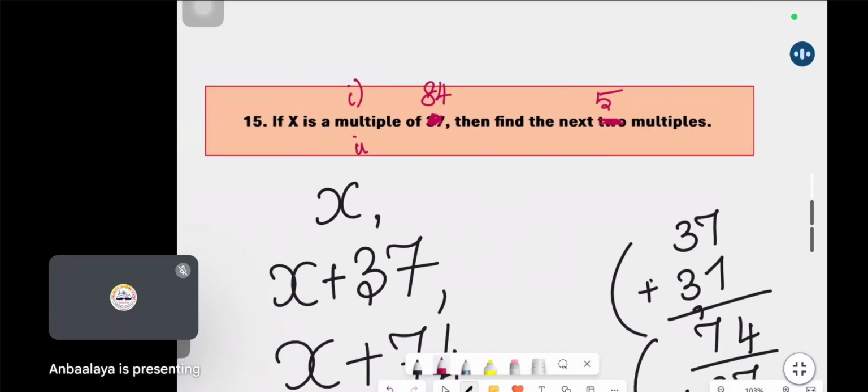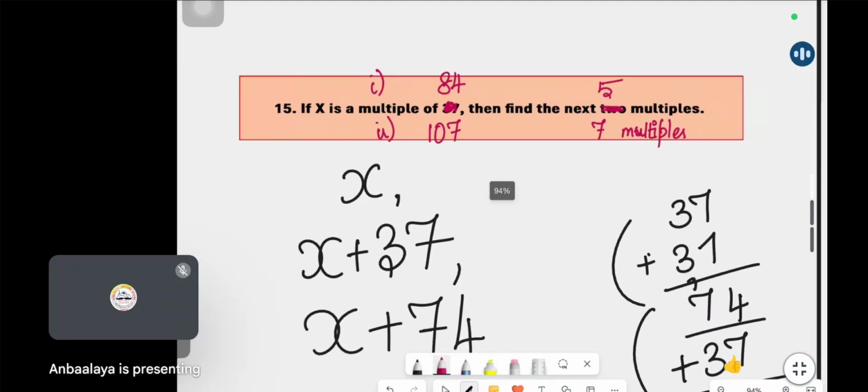And your second homework question: if x is a multiple of 107, then find the next 7 multiples. Same question, instead of 37 you use 84 and 5 multiples, and 107 and 7 multiples.